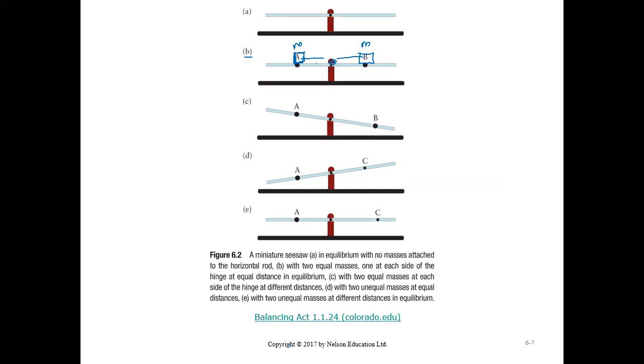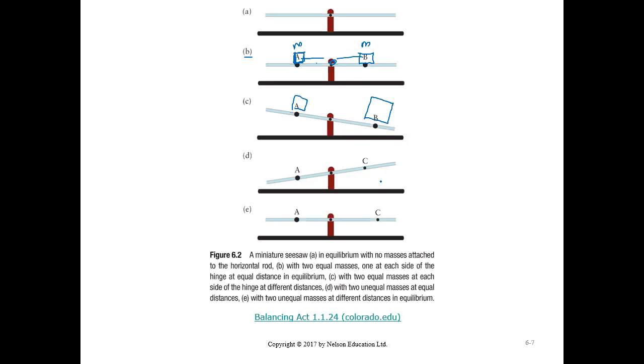Okay. Now in C, what we do, we put a bigger mass on the right-hand side. I draw it big. You know what will happen? The force, the weight from the bigger mass will have a bigger turning effect compared to the smaller weight. The forces are now not the same. Force is the weight of the object. And at B, we have a big force, the gravitational force.